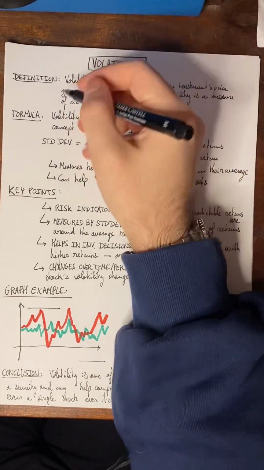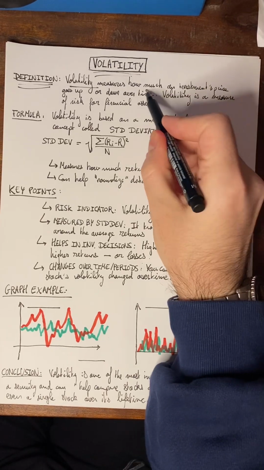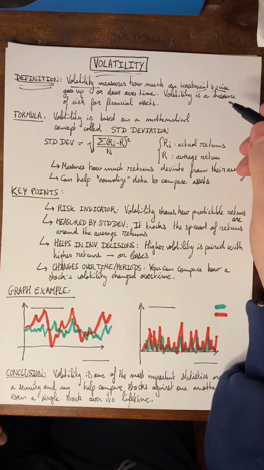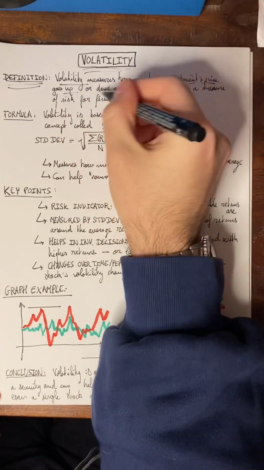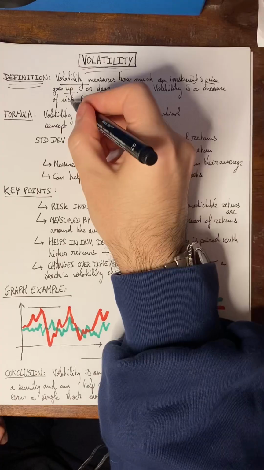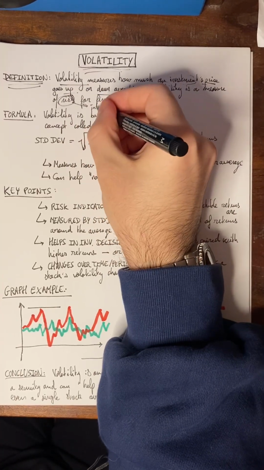So by definition, volatility is a measure of how much an investment's price goes up or down over time. So volatility is a measure of risk, and that's why it's interesting to investors.